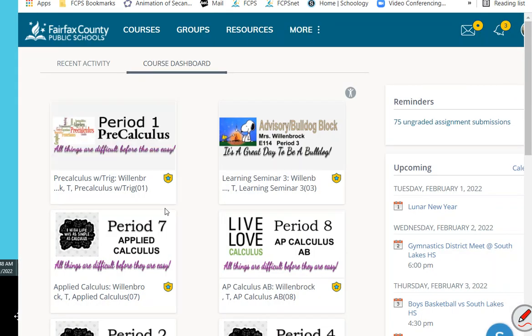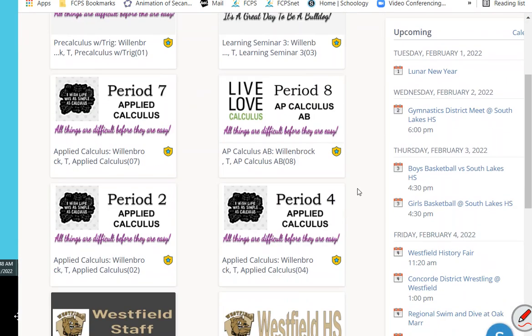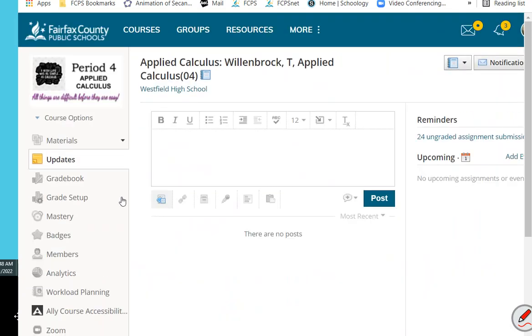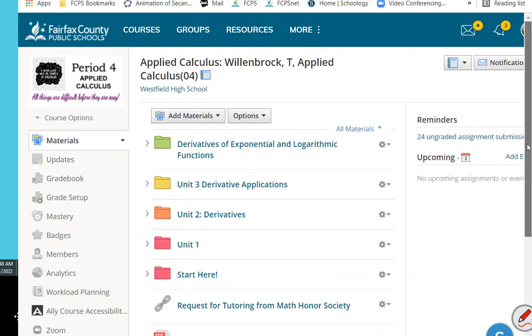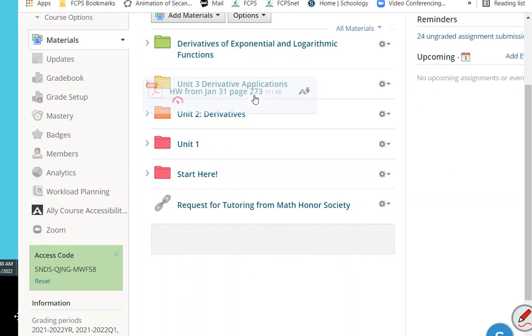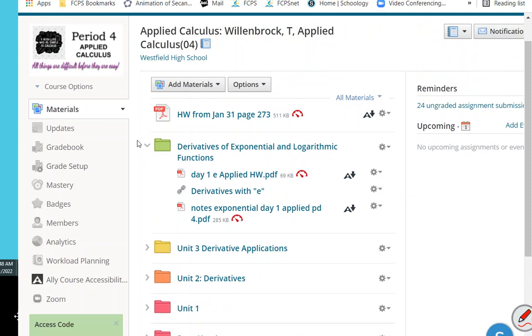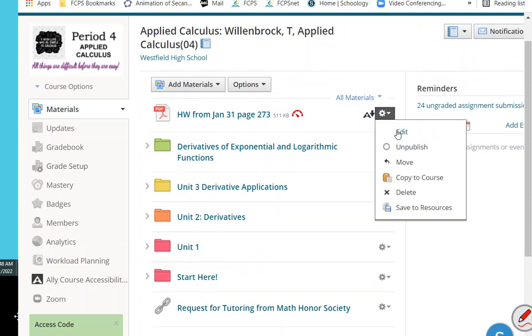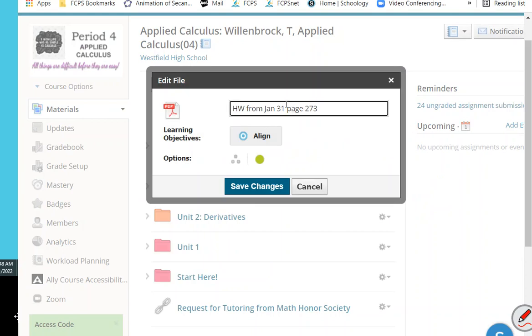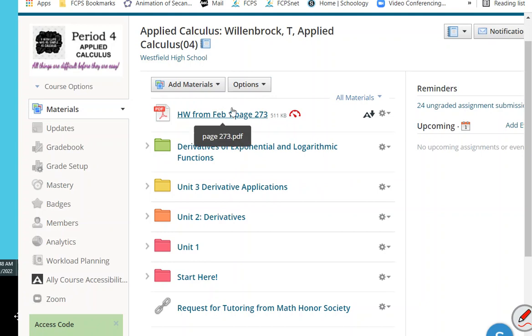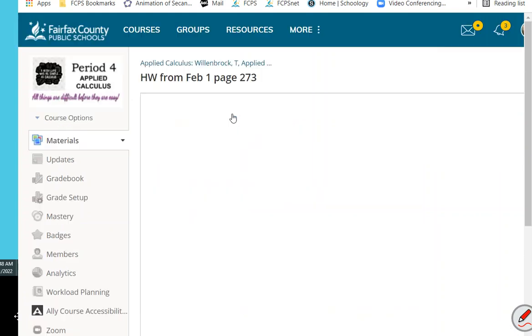So if we go to 4th period, and I'll pull this up in front of you, I already copied this over. I need to just change the date on it. I dated it from yesterday's class for 7th period. So this is page 273 out of the textbook. February 1. And I will write this in the notes as well.